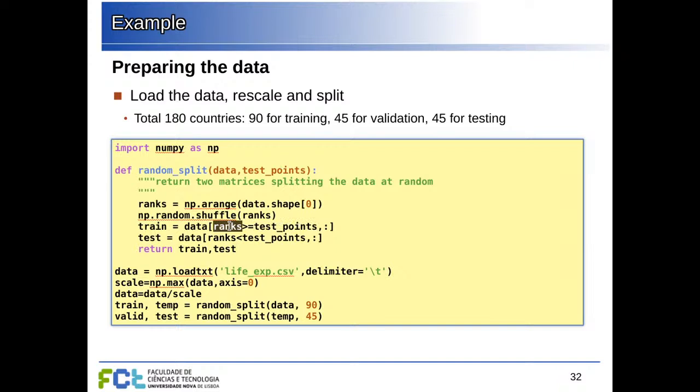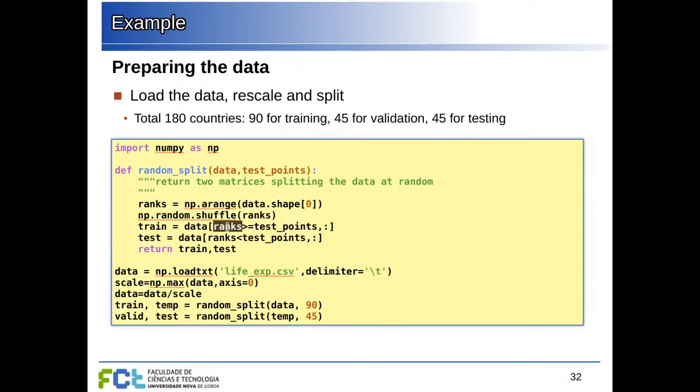And it will output an array with the same size, but consisting of Boolean values, with a true value every time the rank is at least as large as test points, and false if the rank is smaller than test points. So everything that is above test points gets a true value here, and since ranks was shuffled, this will occur at random along the rows of the matrix.